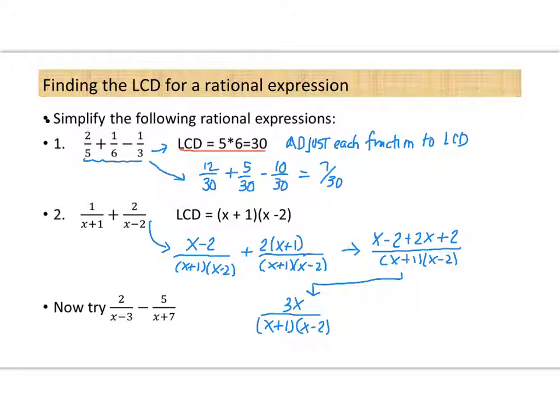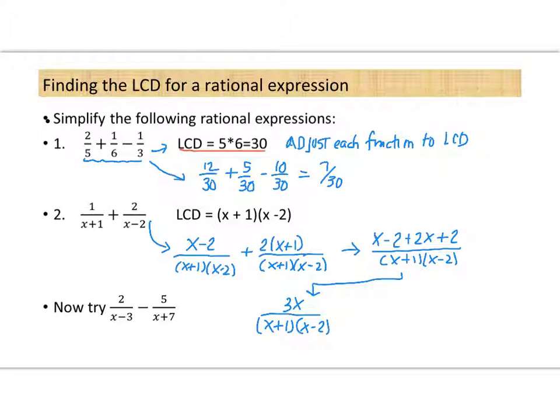It's 5 times 6. So when we have an expression, we have to adjust each fraction to the least common denominator. This means that 2/5 now becomes 12/30. Why? Because I have to multiply both the top and the bottom by 6.